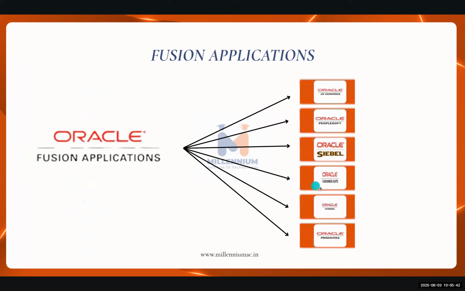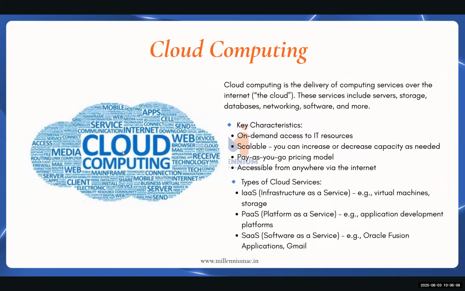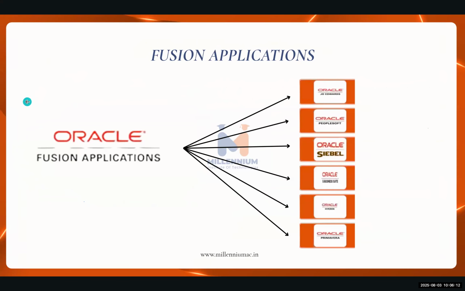Likewise, it acquired them, picked one product family from each, fused them together, and released Oracle Fusion application. That is the name they have given, Fusion: different product families from different ERPs fused together. So that is Oracle Fusion applications.